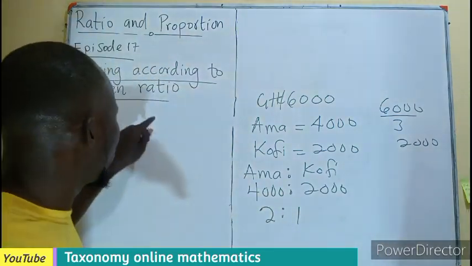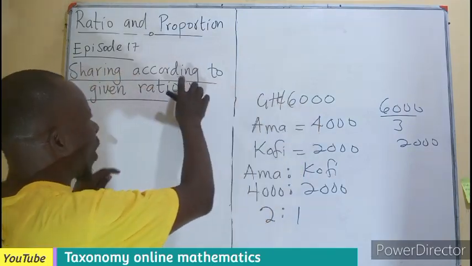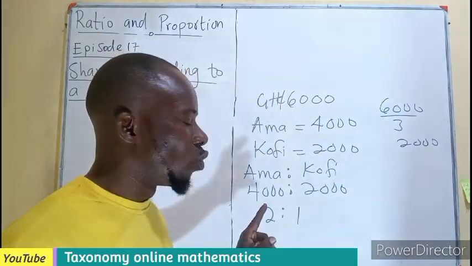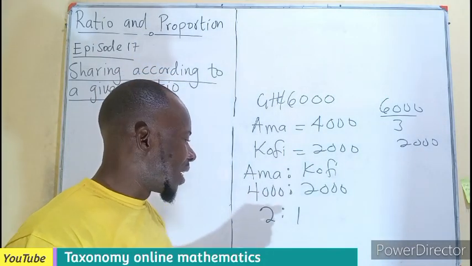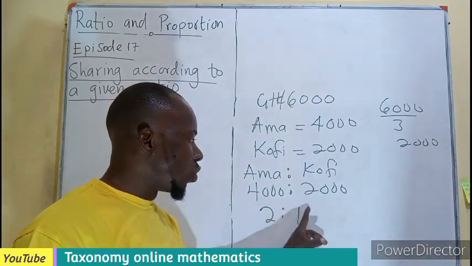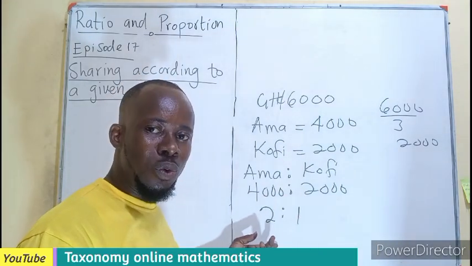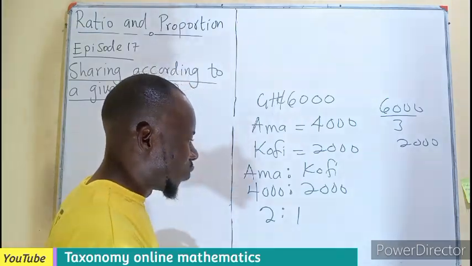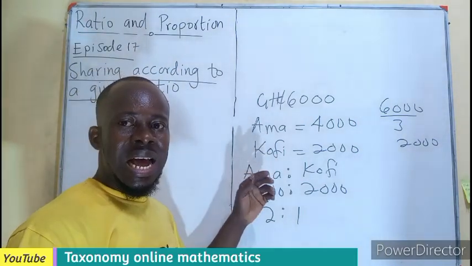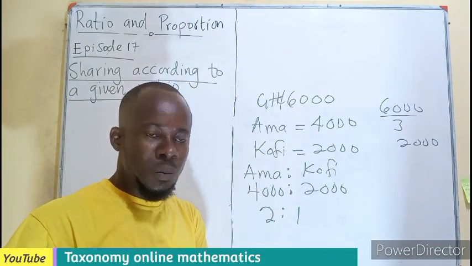So when you are asked to share a given amount or quantity according to a given ratio, the first thing you do is identify the ratio. Second, find the total ratio. Then you find each person's share as a fraction of the total ratio.